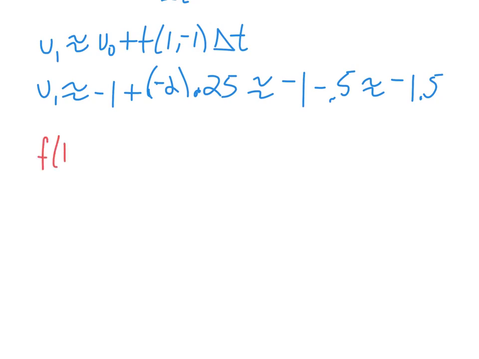We move to the next step, so now we're finding the slope with these parts. Remember, it's going to be y minus t. So that's -1.5 minus 1.25. So now our new slope is going to be -2.75.